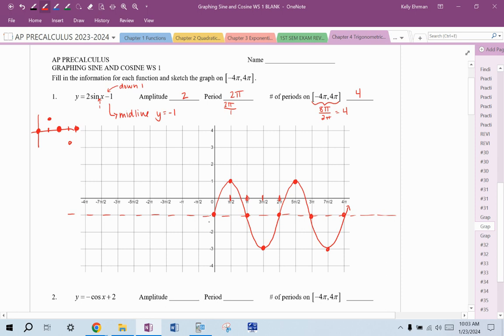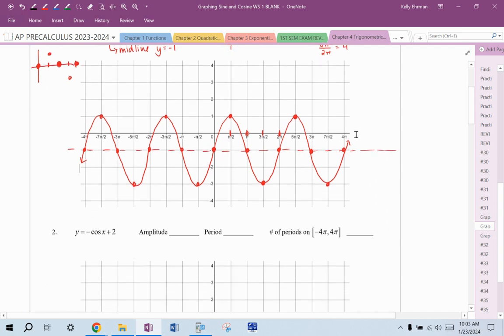From here we go down 2 units below the midline, 2 units above, 2 units below. Here's another period. Again, down, midline, up, midline, like that. That is 4 periods. You can count them after the fact of your sine curve that fits within this interval.